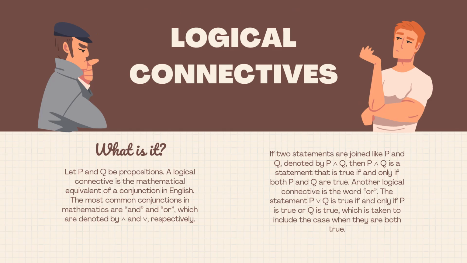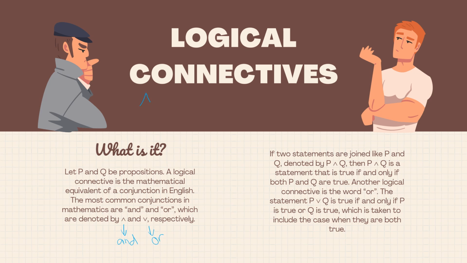Okay, next, let's talk about logical connectives. What is it? Let P and Q be propositions. A logical connective is the mathematical equivalent of a conjunction in English. The most common conjunctions in mathematics are and, or, which are denoted by ∧ and ∨ respectively. So this sign is read as and, and this sign is read as or.